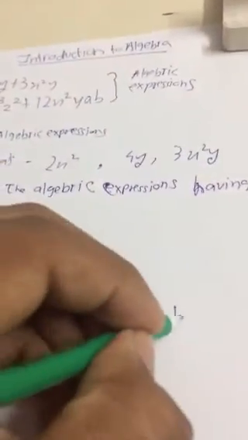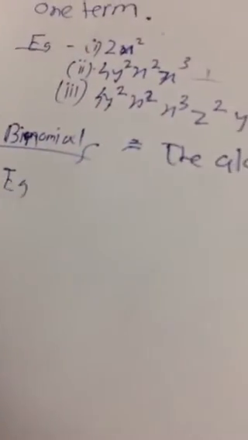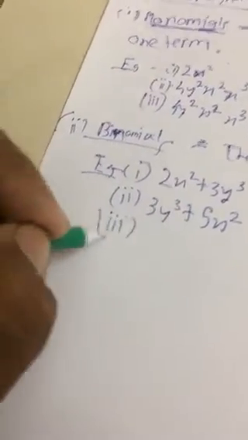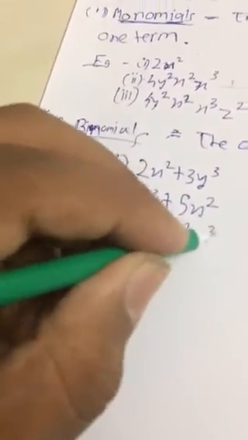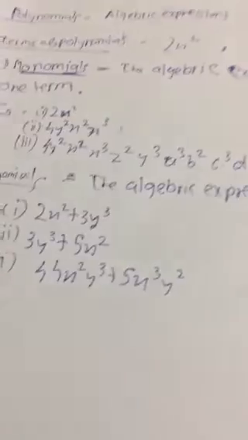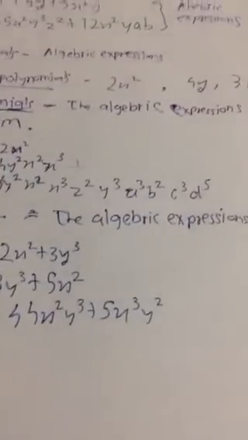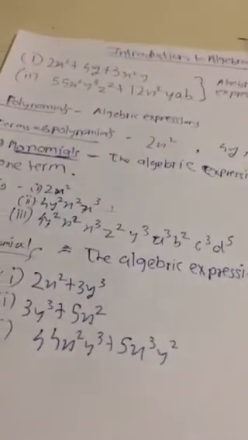Let us take some examples: 2x square plus 3y cube, 3y cube plus 5x square, 44x square y cube plus 5x cube y square. These are known as binomials, the algebraic expressions having two terms.